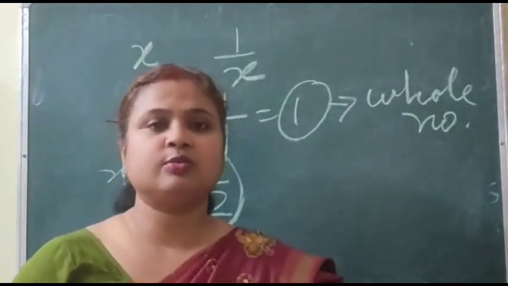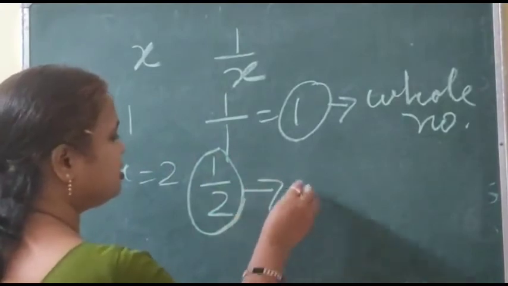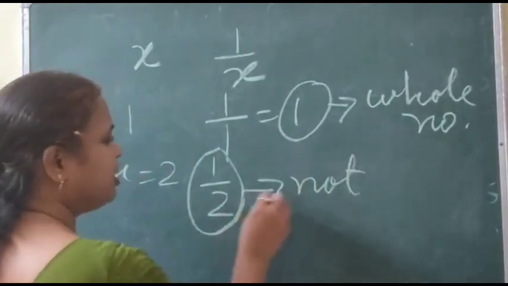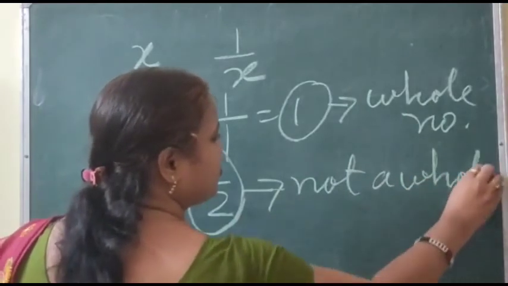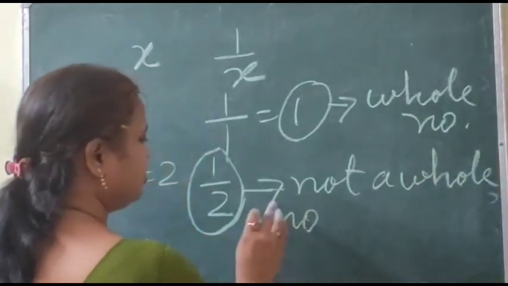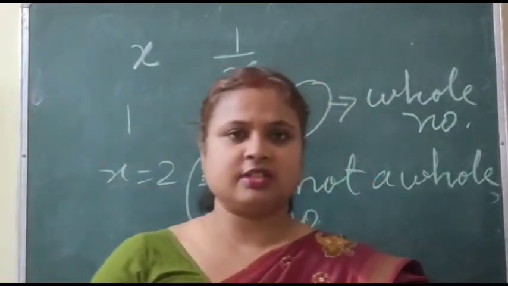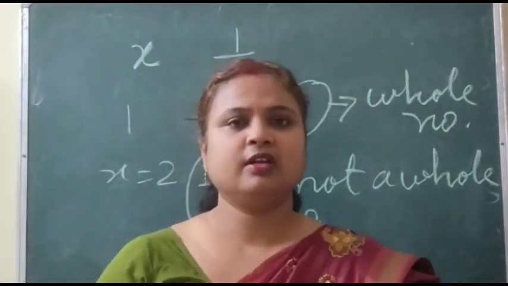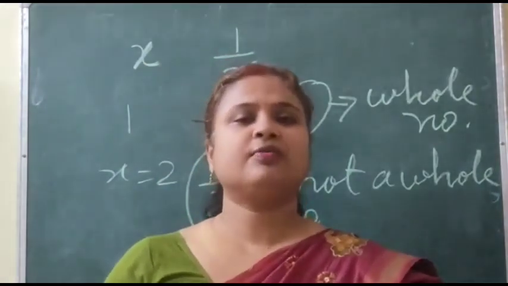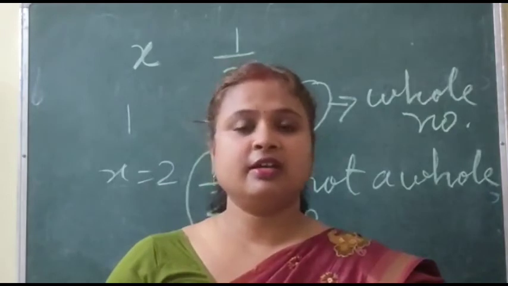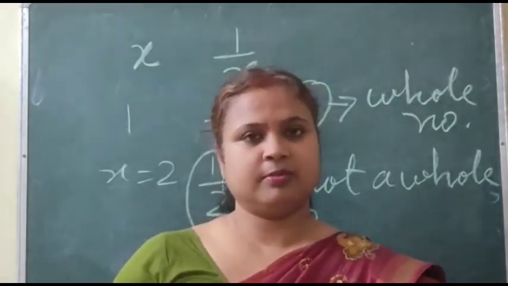No, 1 by 2 is not a whole number. So the multiplicative inverse is possible when and only when the value of x is 1. If the value of x is not 1, then 1 by that number will not be a whole number.